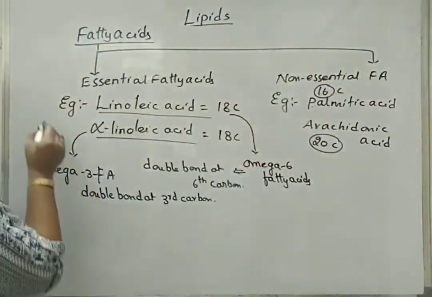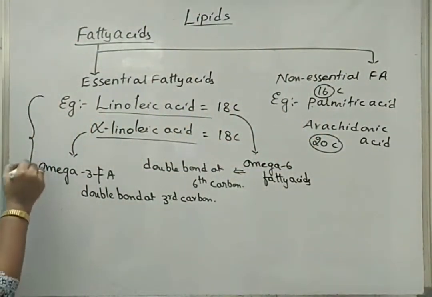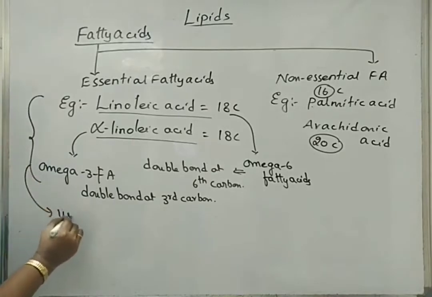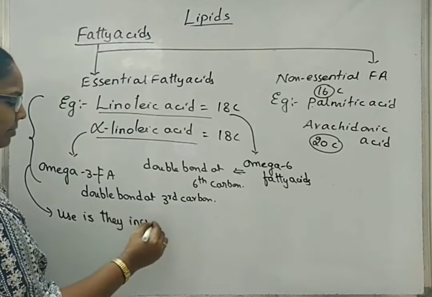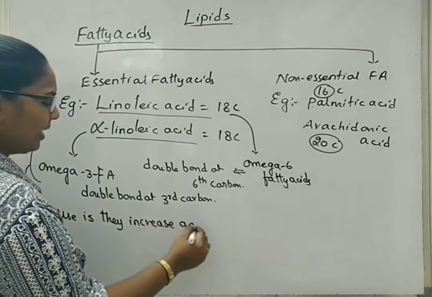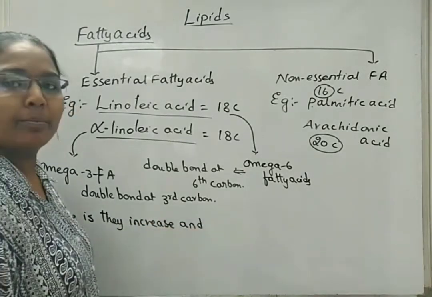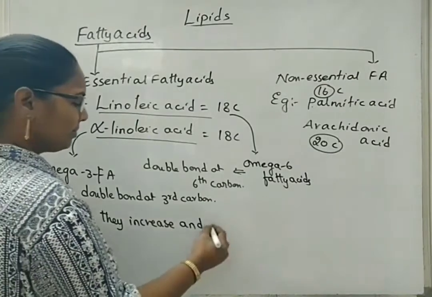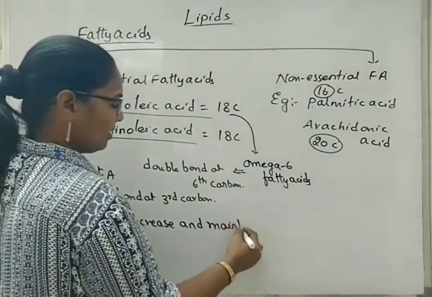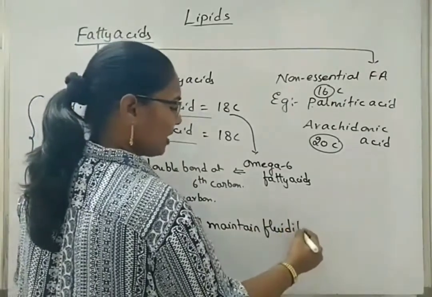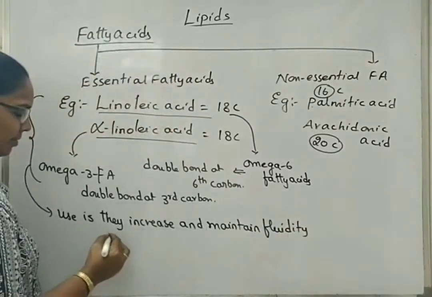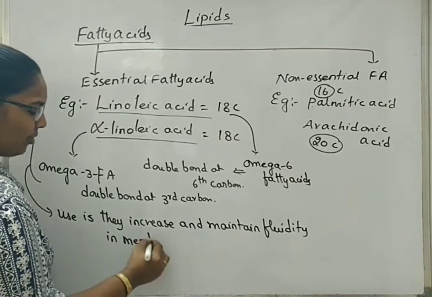What is the use of these two types, linoleic and alpha linoleic acids? The use is they increase and maintain fluidity in the membranes of animal cells. And maintain fluidity means moisture condition in membranes of animal cells.